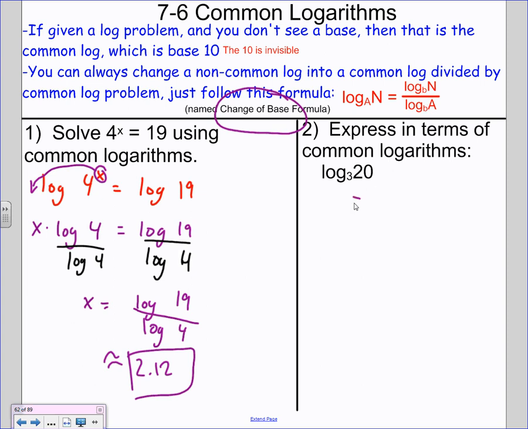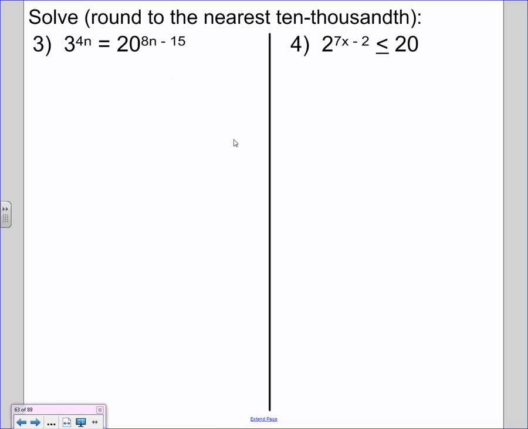So we would say that log base 10 of 20 over log base 10 of 3 is the same thing. All they wanted us to do was express it, so they don't actually want us to calculate it. So I'm done. I want you to answer number 3.